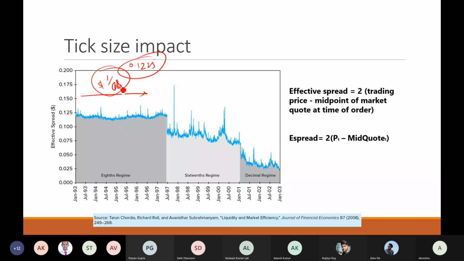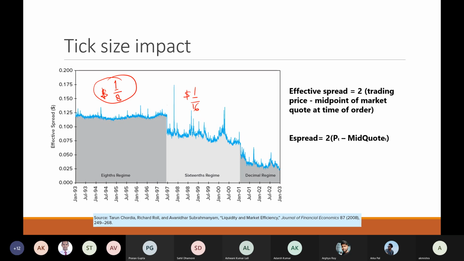So this was a 1 by 8 tick size. Means if you want to change your order, you will have to change it by this many dollars. And then what was observed in 1997, this was reduced to half. The tick size was reduced to 1 by 16th dollar.